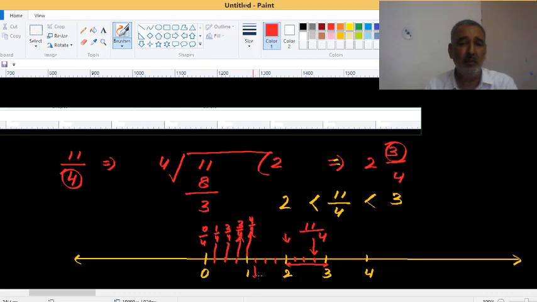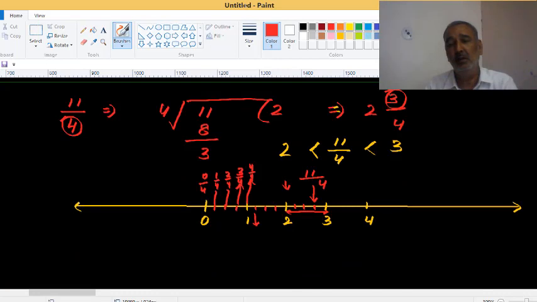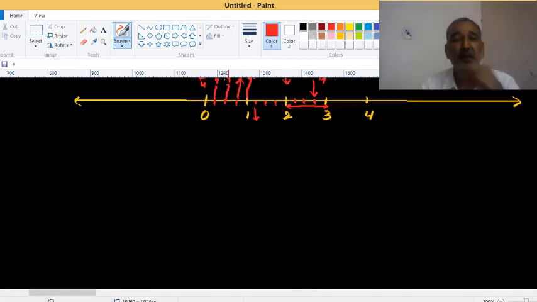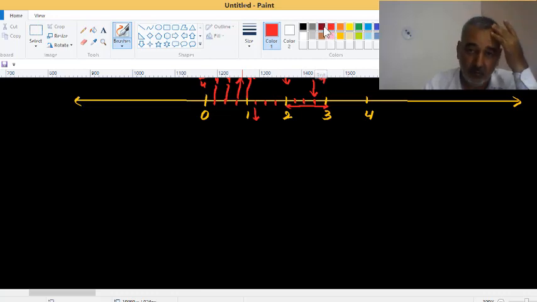And here you can write 5 by 4, 6 by 4, 7 by 4, 8 by 4, 9 by 4, 10 by 4, and it will become 11 by 4. So I think it's clear to you. Later on, in the next question I am taking some larger number and complex one.